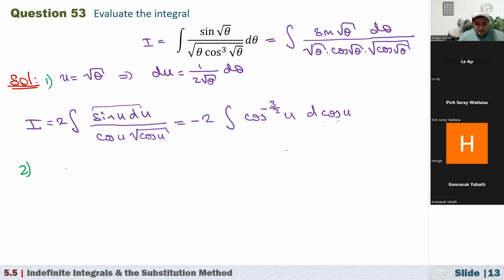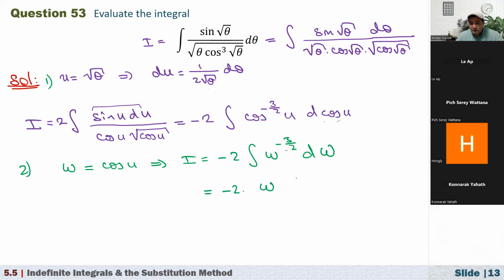Okay, so now if I substitute w is equal to cosine of u, our integral takes this form: minus 2 times the integral of w to the power of minus 3 over 2 dw. Now we are integrating this function with respect to w, which is equal to minus 2 times w to the power of minus 3 over 2 plus 1, over minus 3 over 2 plus 1, and plus c.